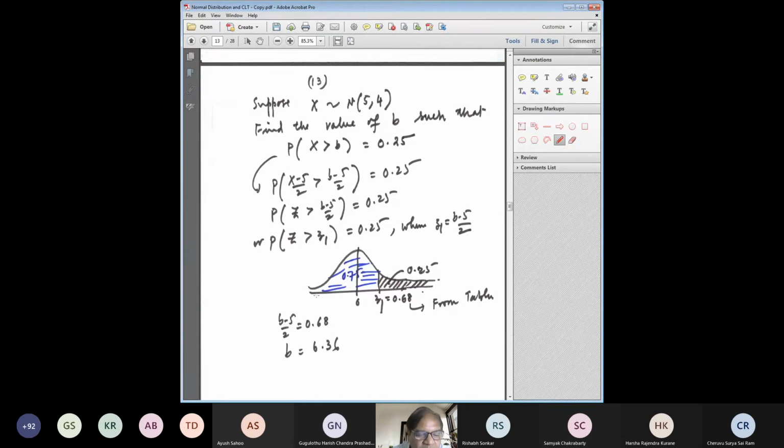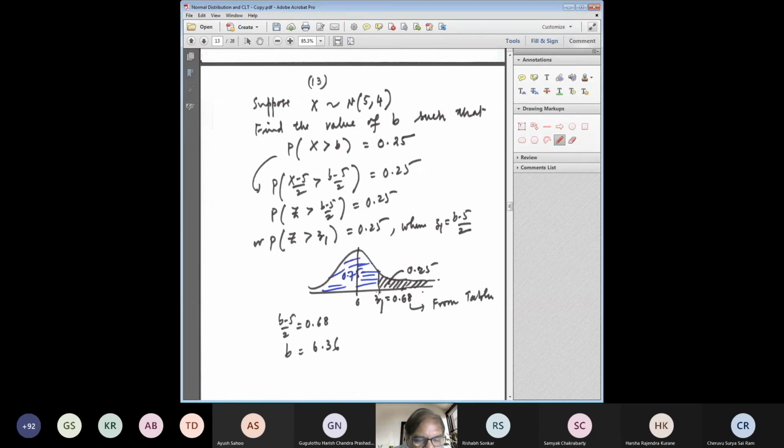If I want to plot this point on the x-axis, z1 is here, and you are looking for a point beyond which area is 0.25. I have plotted this in black color. This area is 0.25. Tell me what is the point. What is the point I have represented by z1?